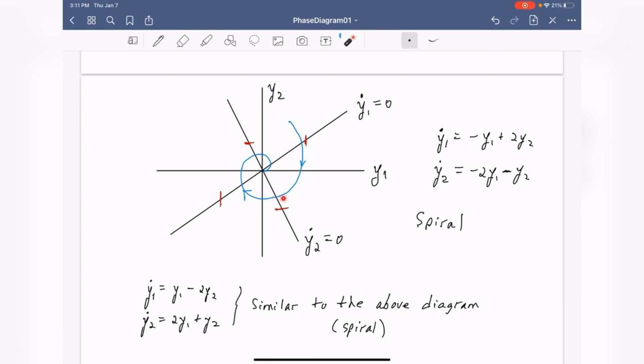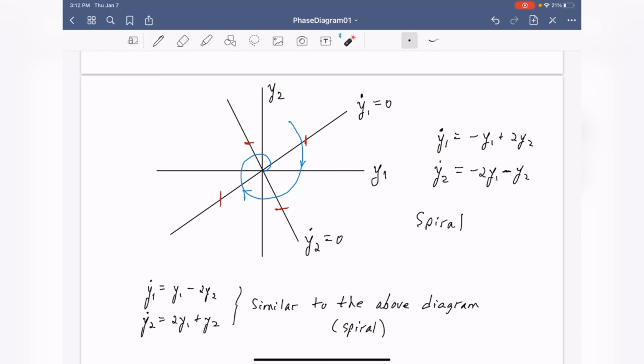And if it crosses this one, it should be horizontal, as given by that little red marker. This one again, these two, we have a vertical, and here we have a horizontal. Which implies that if you're on the y2 dot equals 0 line, then there's no change occurring. And likewise, there's no change here when we're on this y1 dot equals 0 line, because you're not moving away from it, you're right on it.